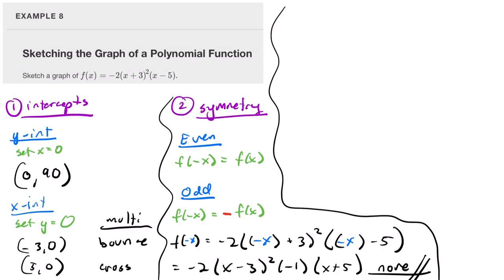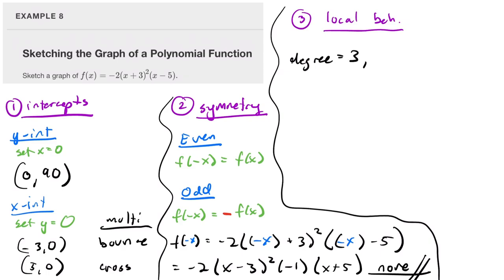Let me kind of work over here. So I guess we can explore the local behavior, like using the leading term test, and then we could talk about turning points. So I'll just say local behavior. Okay. So from the leading term test, if we were to expand out the original, it would be what? A degree 3 polynomial? Okay. So the degree of the polynomial is 3.